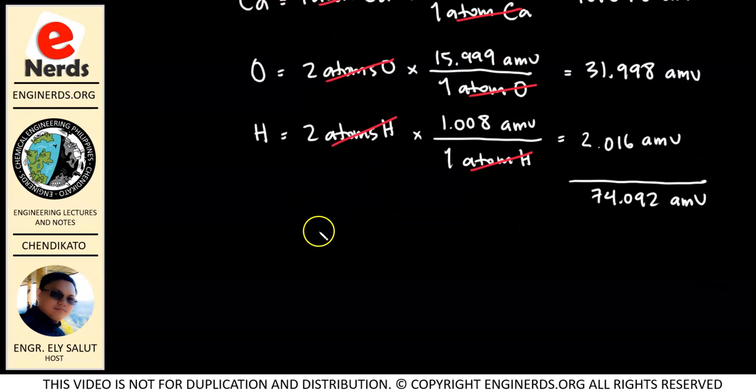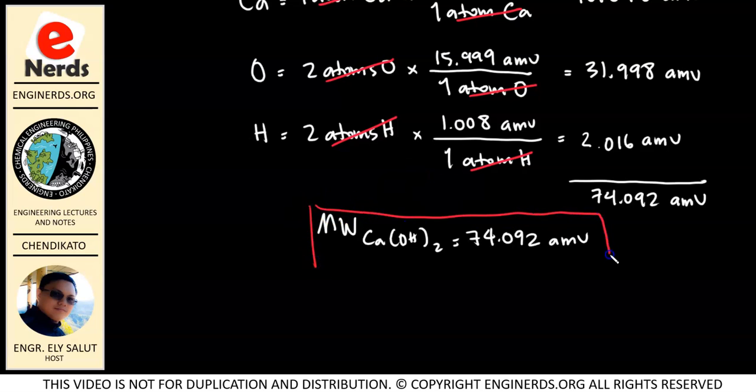So, the molecular weight of our CaOH2 is equal to 74.092 atomic mass unit. So, this is our answer for our second requirement.